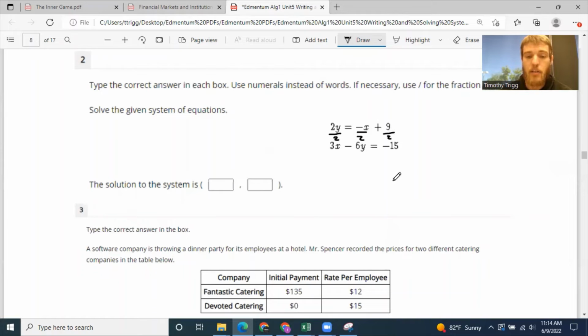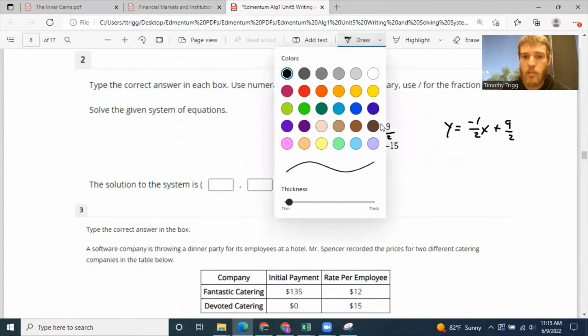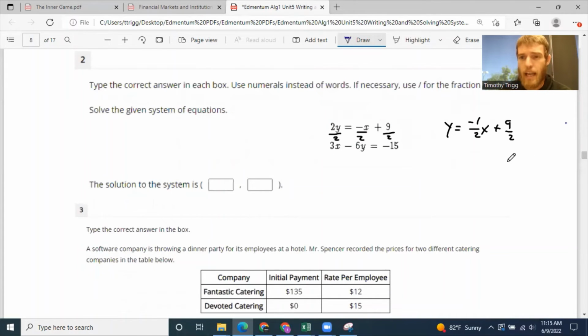I would divide everything by 2 there, giving us y equals, I can call this negative 1/2 x. I kind of like writing it like that, plus 9 over 2. Now you could write this as a decimal, but I think as a fraction, I prefer to work with fractions, at least when I'm doing algebra. If I was doing like statistics, then I usually like working with decimals.